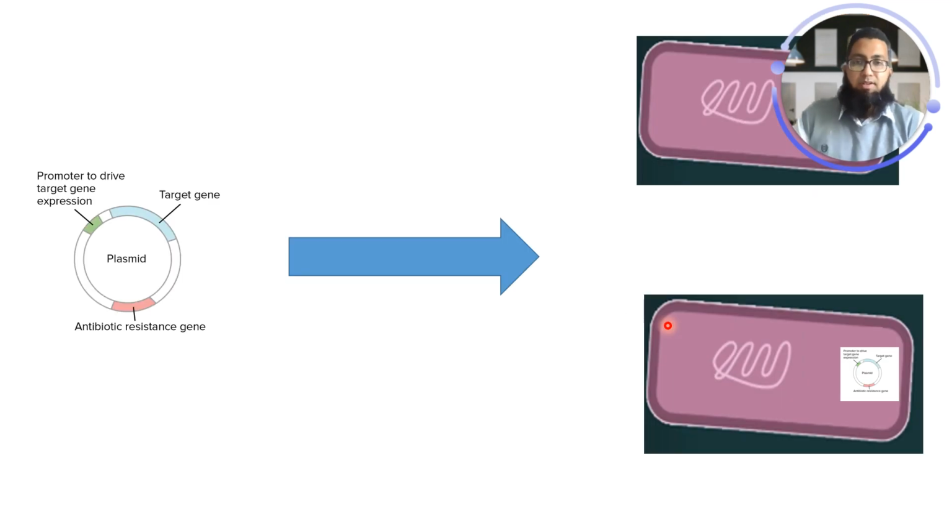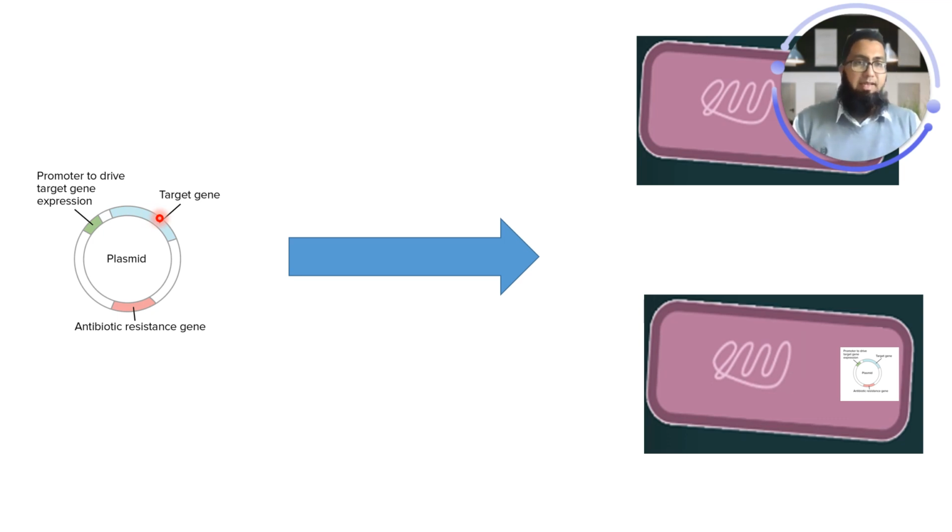So now there are two scenarios that we can have. In here I'm showing you my recombinant plasmid. Why is it recombinant? It's a plasmid. It's recombinant because it's got this target gene. So this target gene, the one in blue, is not part of the bacteria.